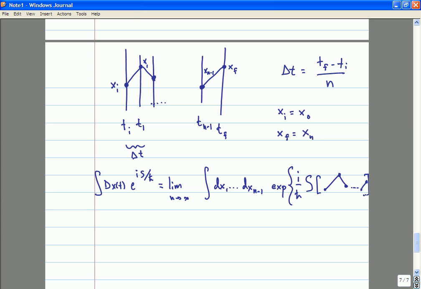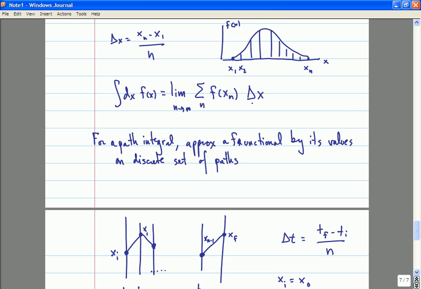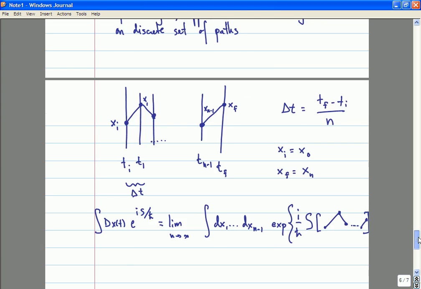And just as in the classical case, I remind you there was this normalization factor delta x, which we had to put in order to keep the limit finite as n goes to infinity. There's going to be some normalization factor here that I'll call capital N. And indeed, we expect that there'll be one normalization factor for each one of the intervals.